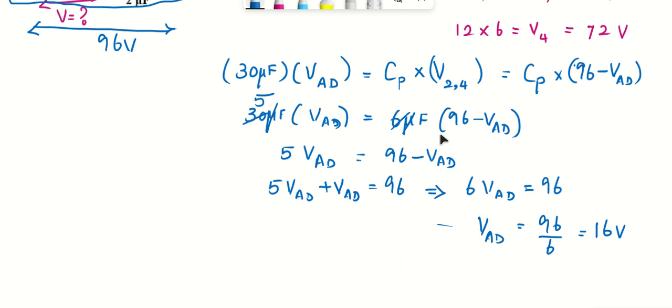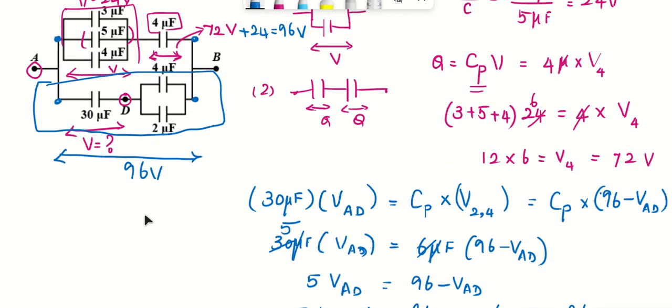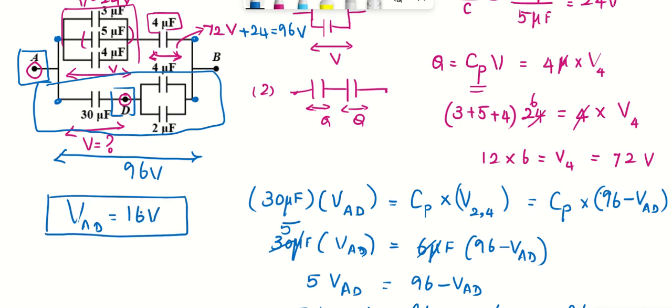So the voltage across 30 microfarad, or the voltage between point A and point D, is 16 volts. That's it. Thank you.